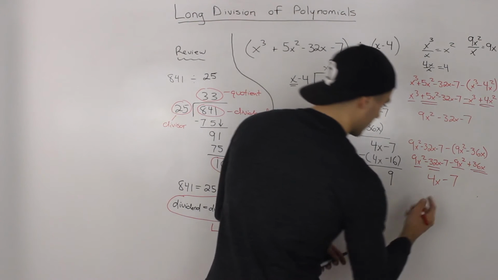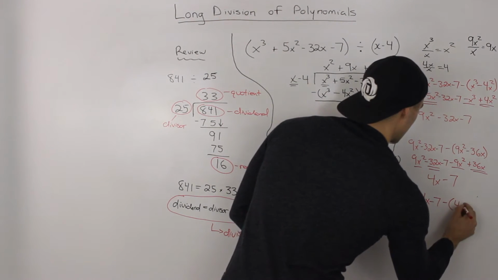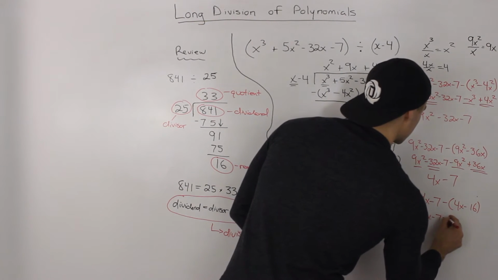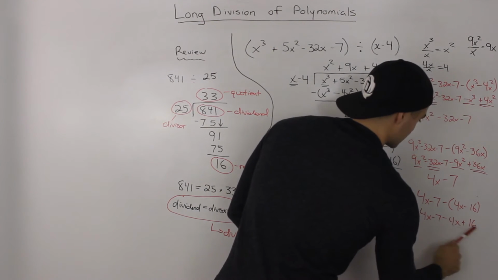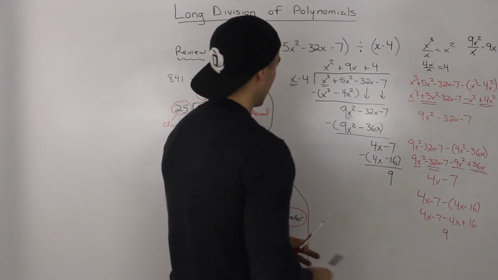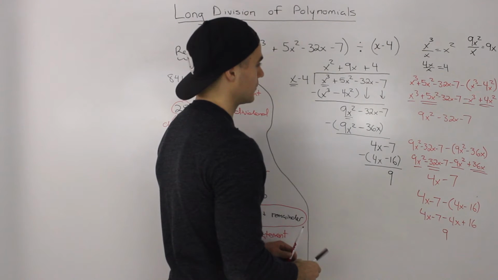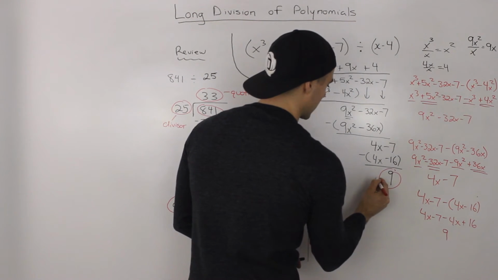So this part right here, if I rewrite it, 4x minus 7 minus the quantity 4x minus 16, distribute the negative inside. 4x cancel out, negative 7 plus 16 is positive 9. And then we check how many times can x minus 4 go into 9. Well, it can't go into 9. So 9 here ends up being our remainder.